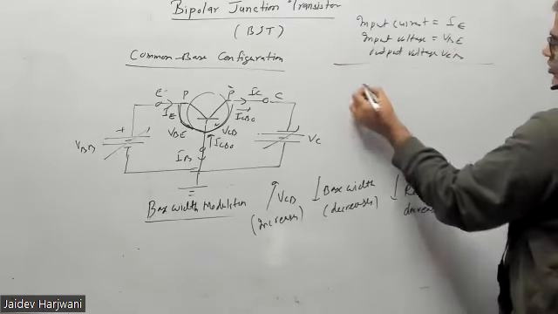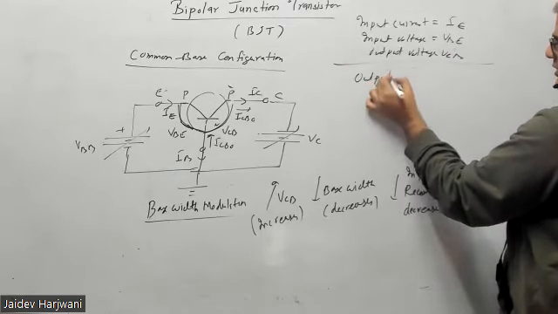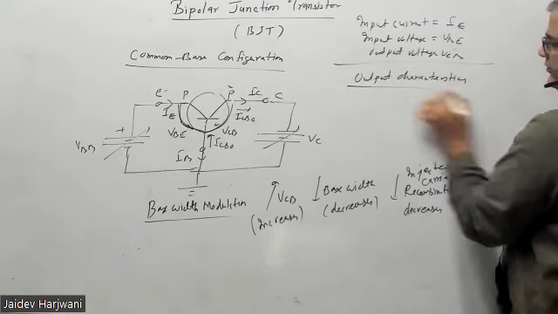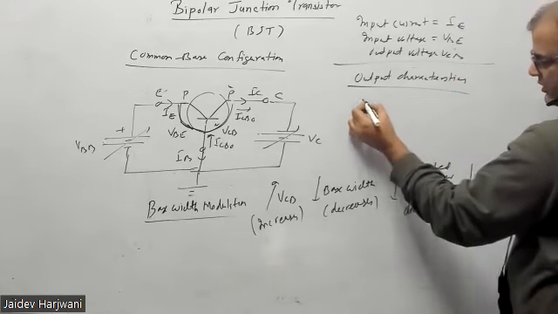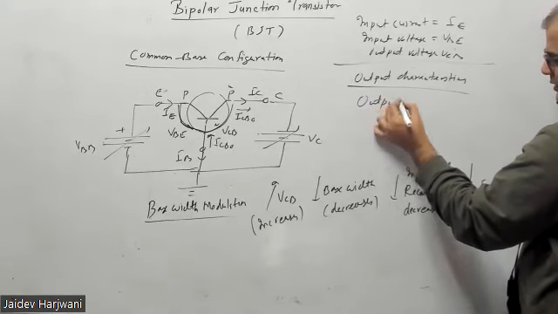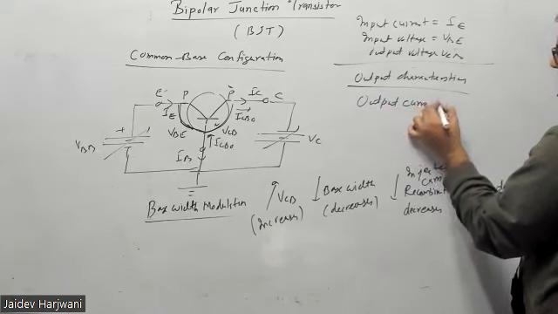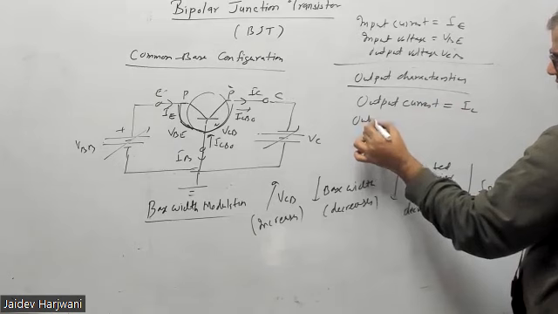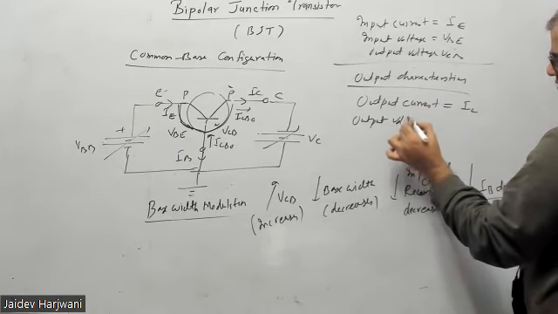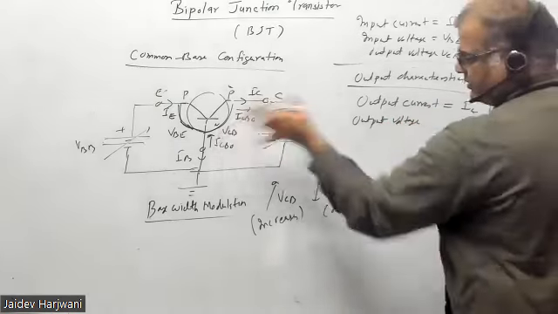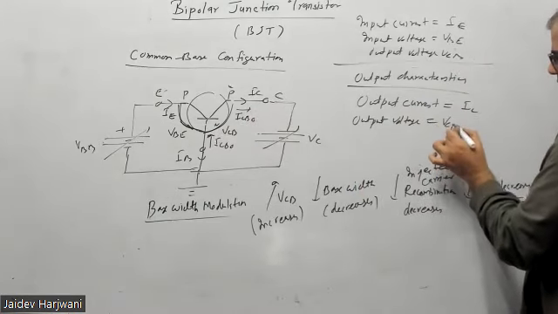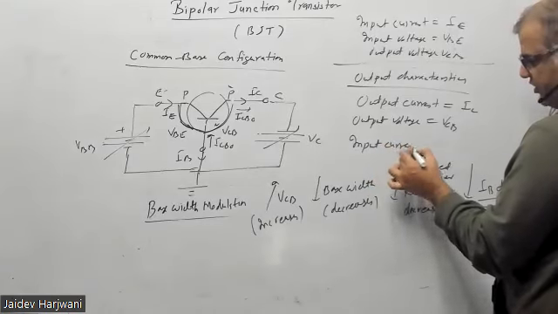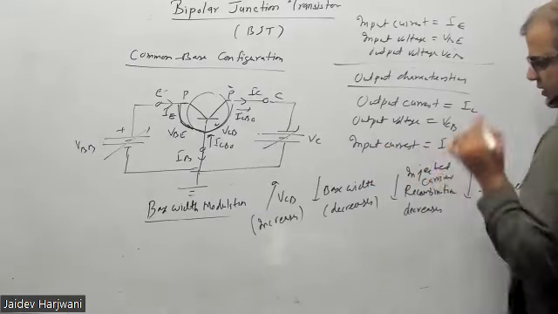Now for output characteristics, your output current is your IC, okay. Output voltage here is your VCB, and the input current for this configuration is IE, okay.